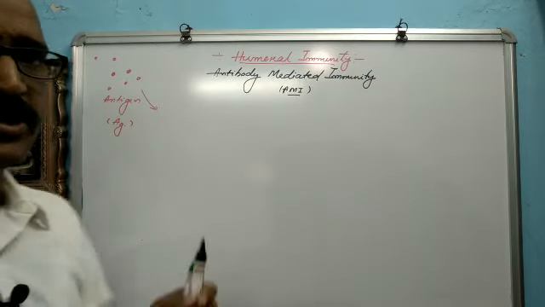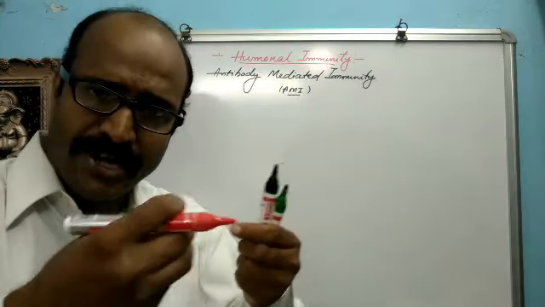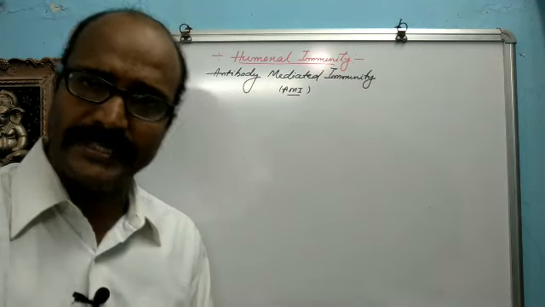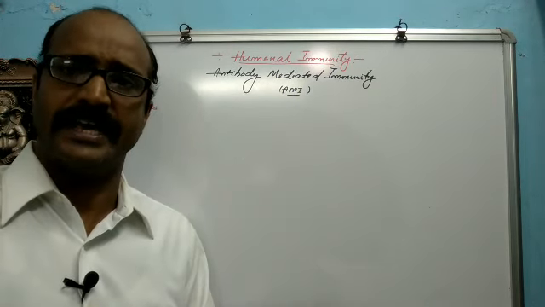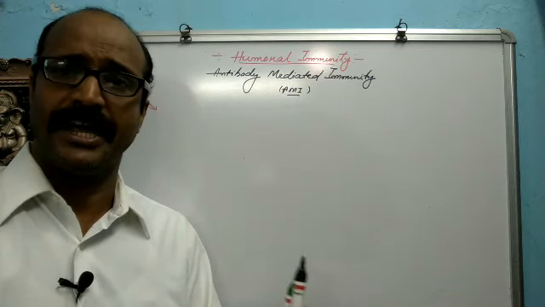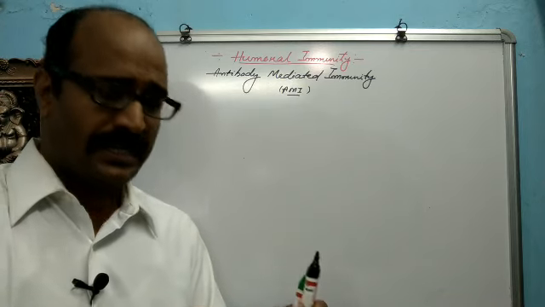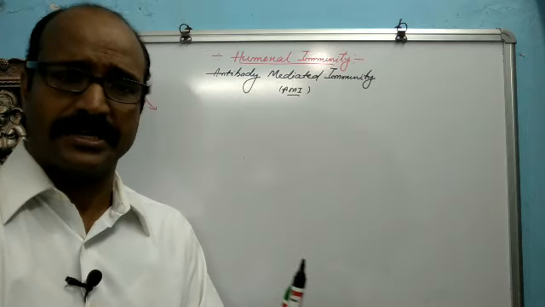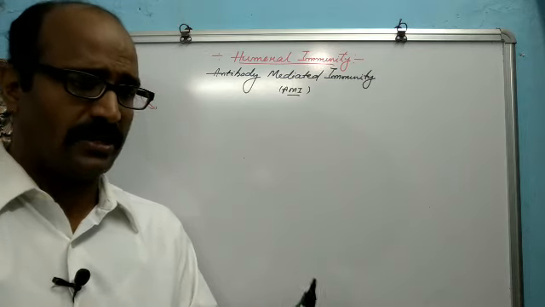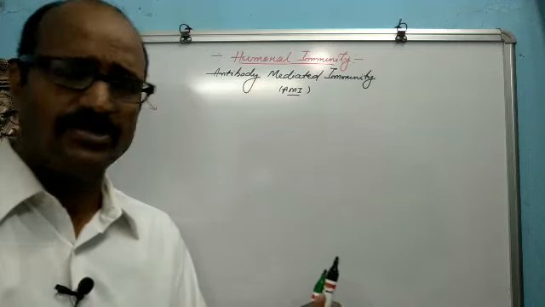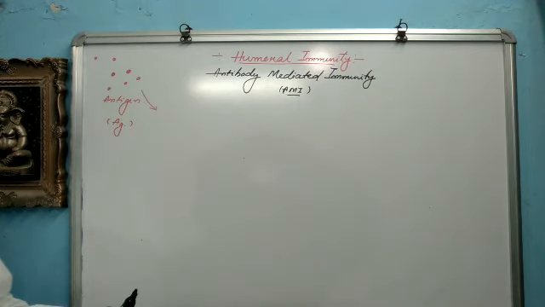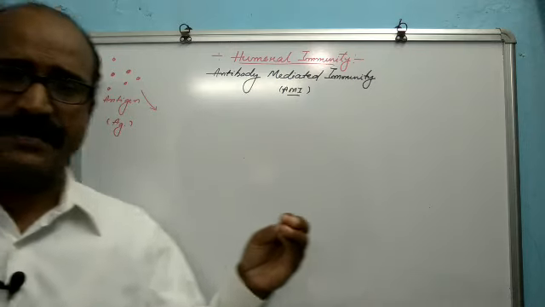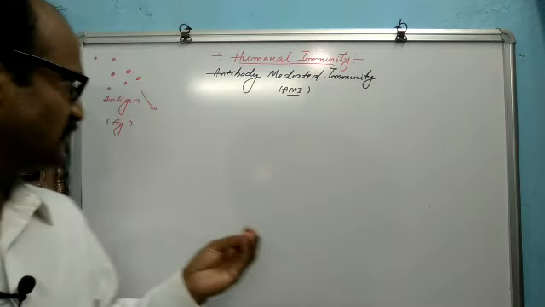Any foreign material which enters our body is known as an antigen. It may be protein, glycoprotein, carbohydrate, or any other material like pollens or the blood of other organisms. Any material which enters our body and activates our immune system is known as an antigen.